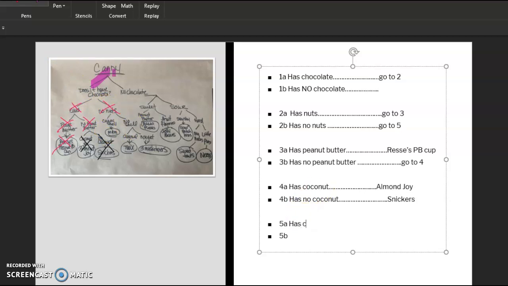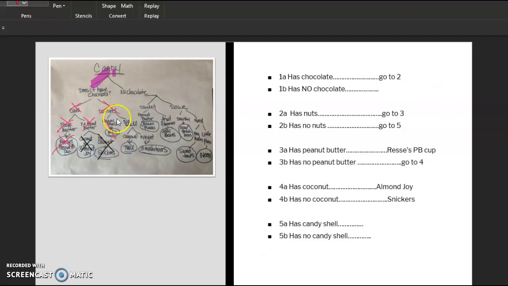So has candy shell, has no candy shell. Okay, so if the answer is yes to has a candy shell, then it is an M&M. So I can name that.